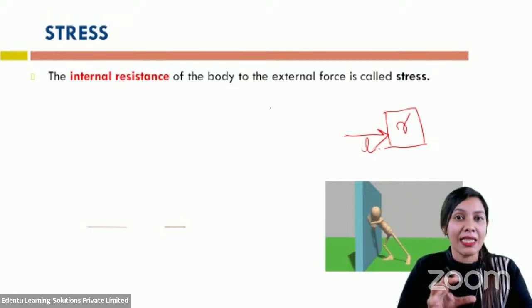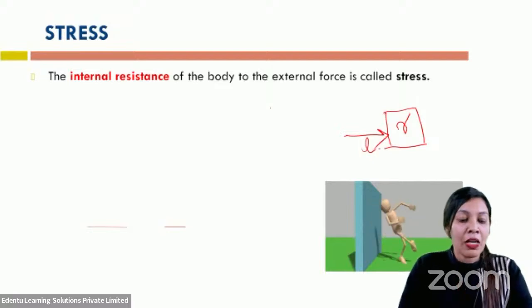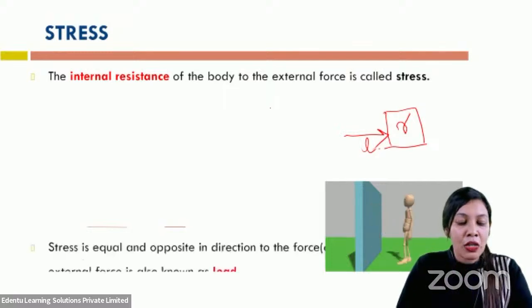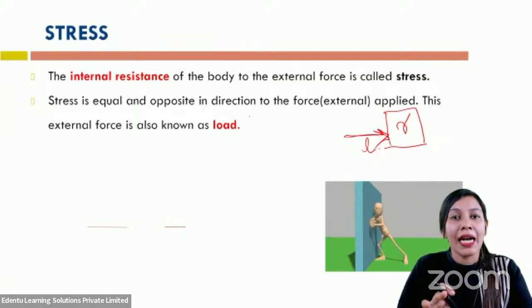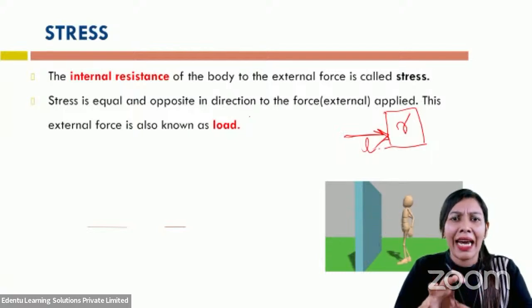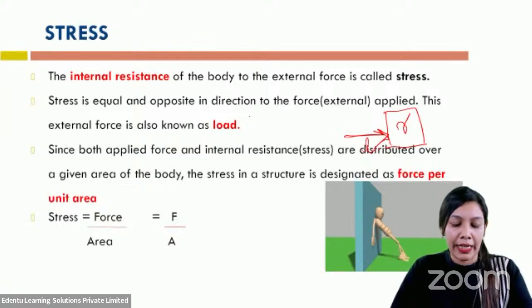This internal resistance against the outside load is called stress. So whenever you see an internal resistance, it is actually stress. So the internal resistance of the body that is developed because of the load which we apply outside is called stress. Since it is happening in a particular area, it is given as force per unit area.